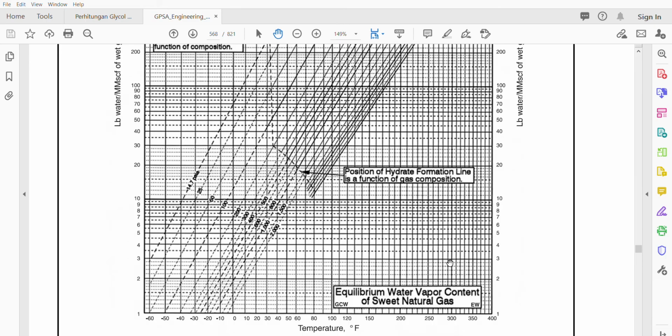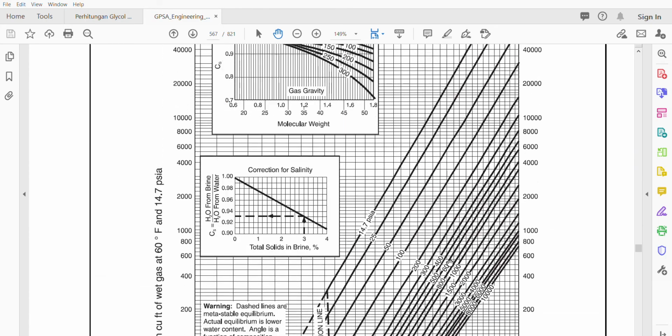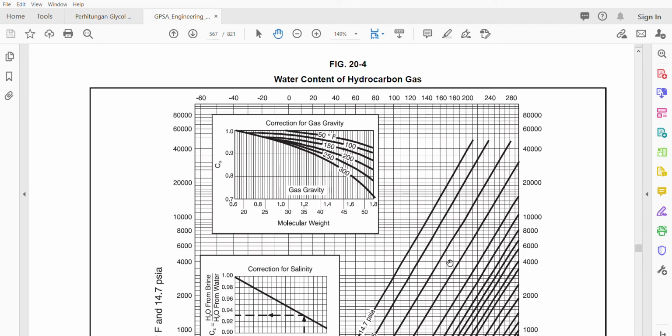And this water content can be used also if you have a production of a well test, for example, a gas well test, and you end up with having a high water in it.